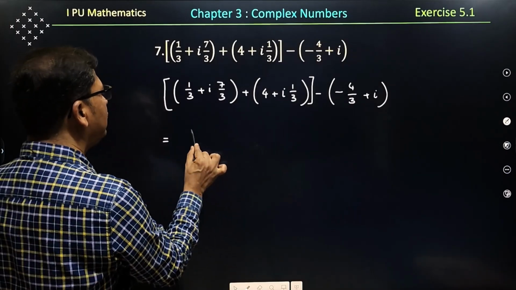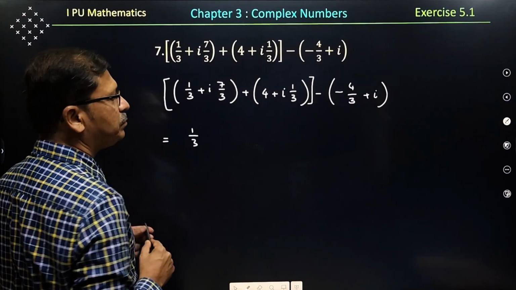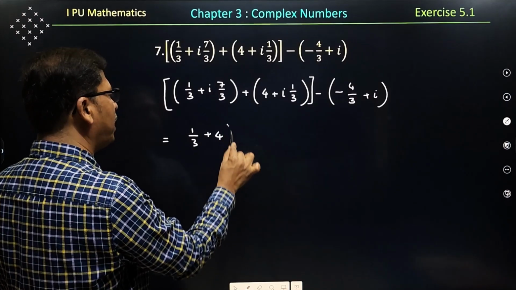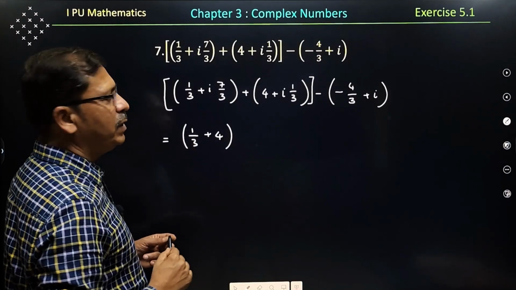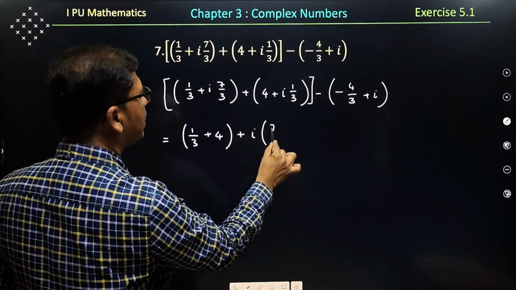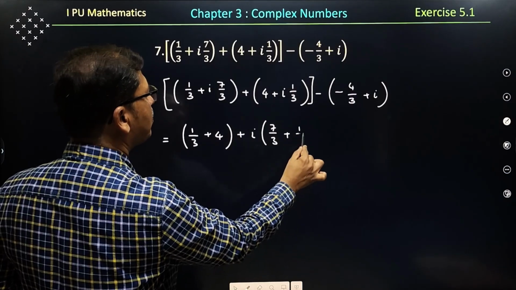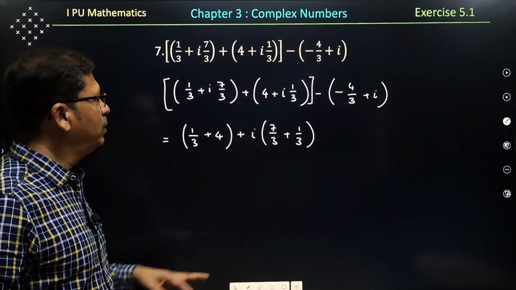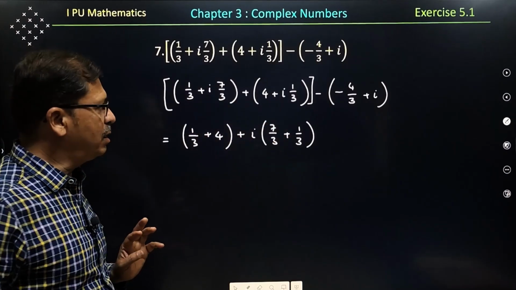If you remove that, what you are getting is 1 by 3. Easily you can club 4 with this, plus 4 you take. Next 7 by 3 is there, i you take common, 7 by 3 plus 1 by 3. I have taken from these two, 7 by 3 is there, here 1 by 3 is there.